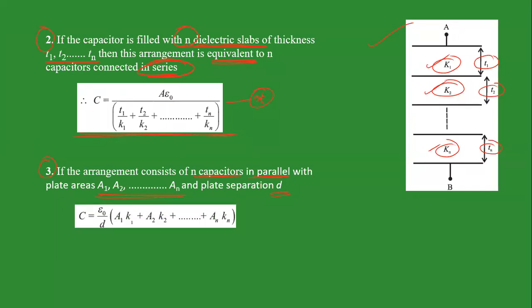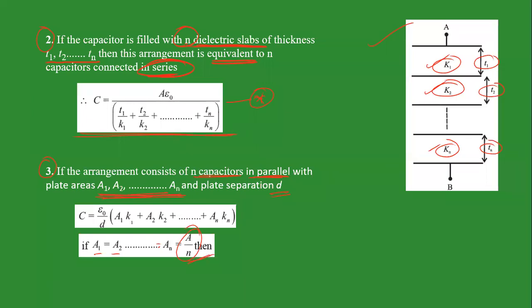So here the areas are different, A1, A2. So epsilon 0 divided by D, in a bracket, A1 into K1 plus A2 into K2 plus An into Kn.